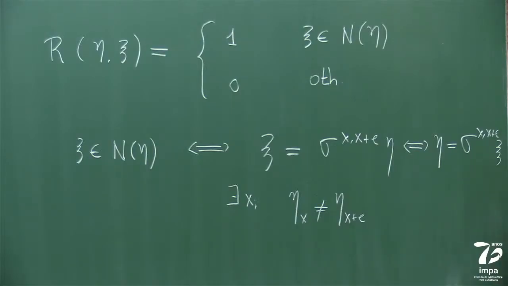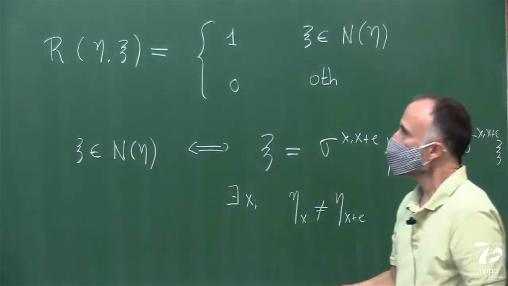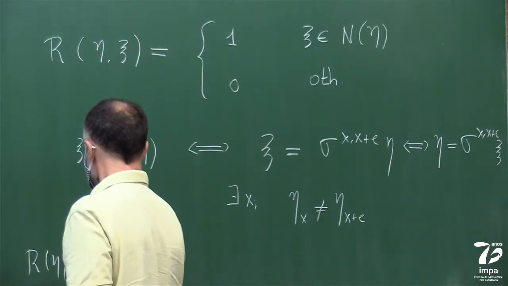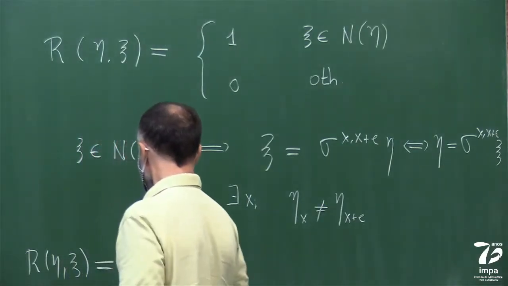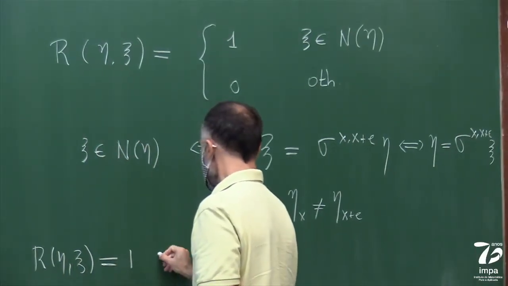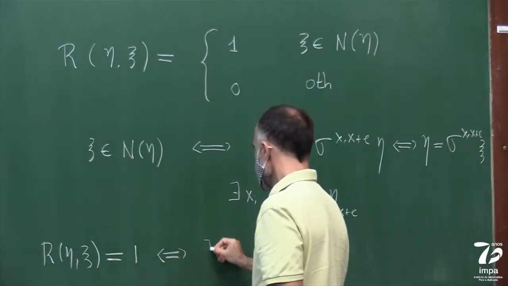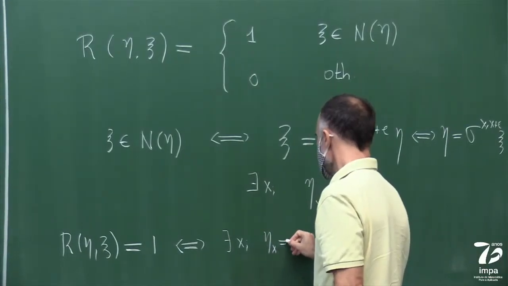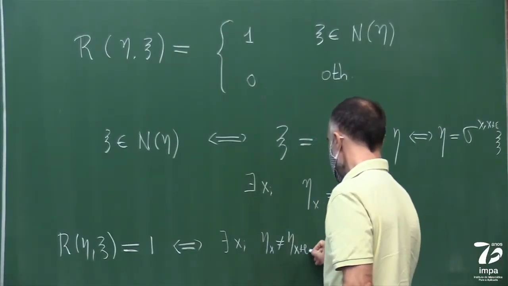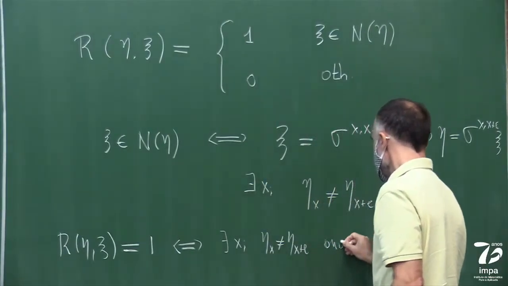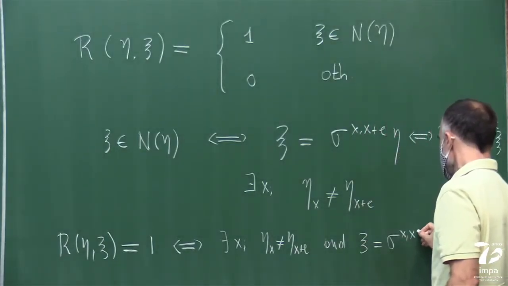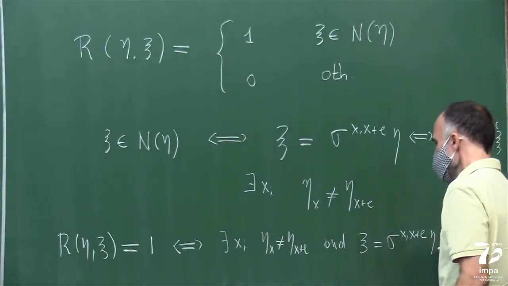Okay? So what we have shown is that this is equal to 1 if and only if there exists x such that eta(x) is different from eta(x+e), and psi is equal to sigma_{x,x+e} of eta.